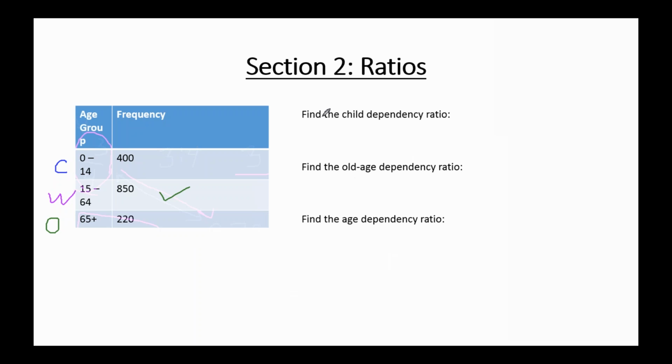So a child dependency ratio, just think what that means. We are comparing the children to the workers. How many children do we have in this example? Well, we have 400. So a total of 400 children over the working class, which would be 850.